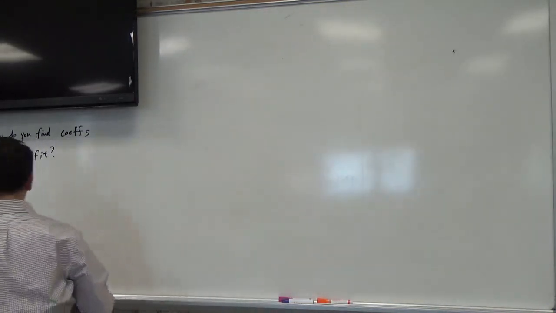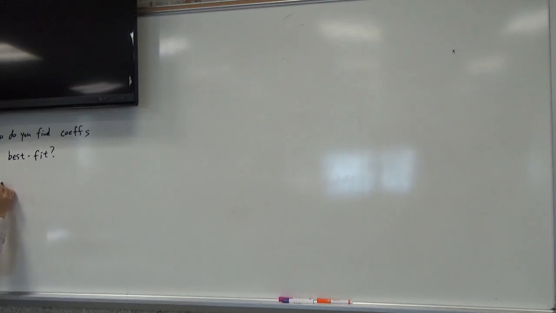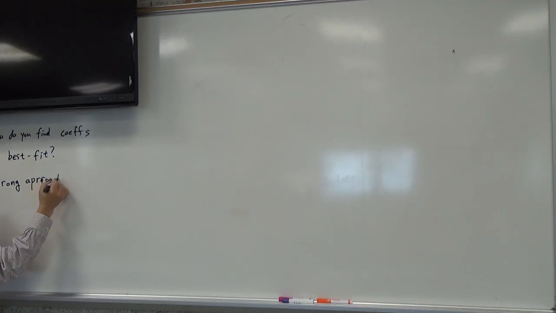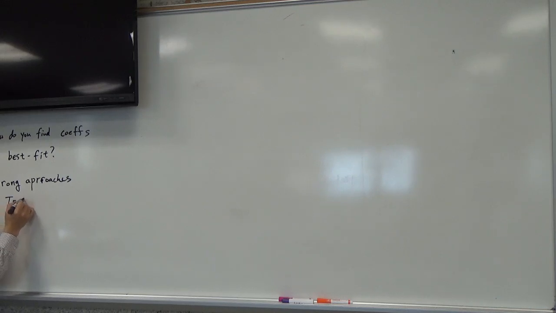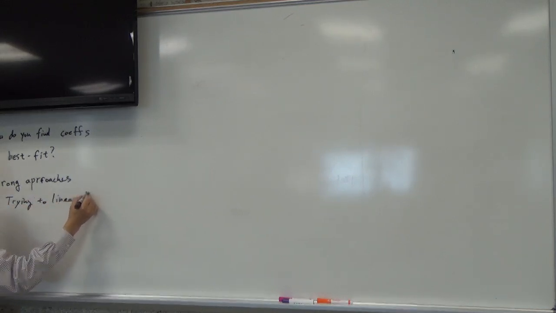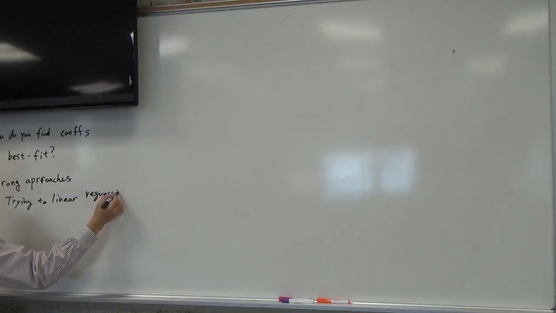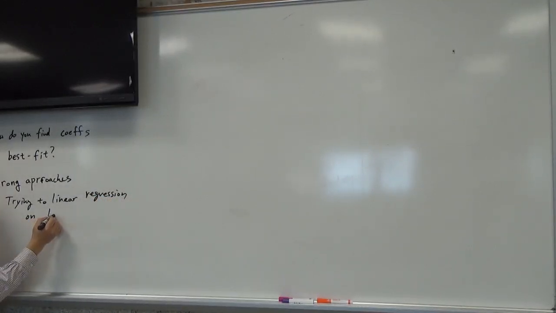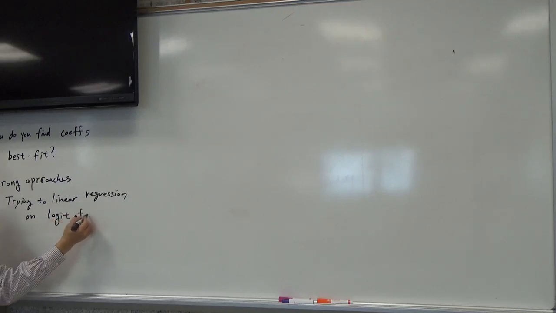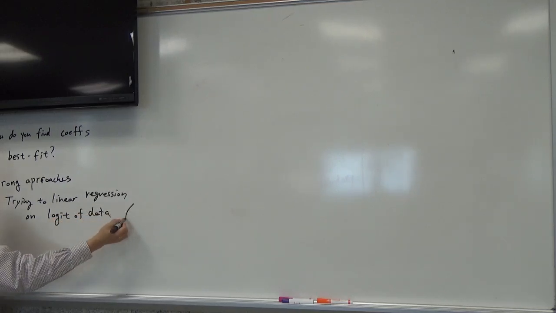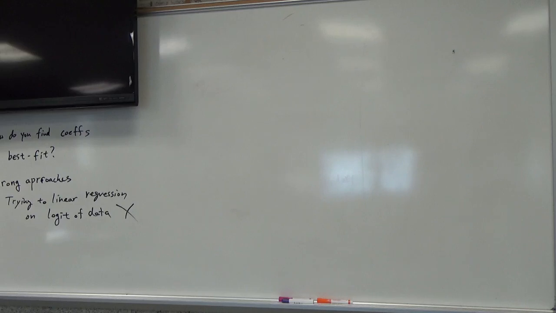So, some wrong approaches. Let me talk about some wrong approaches. Trying to do linear regression on the logit of data. This fails because the logits are not defined for the data points.